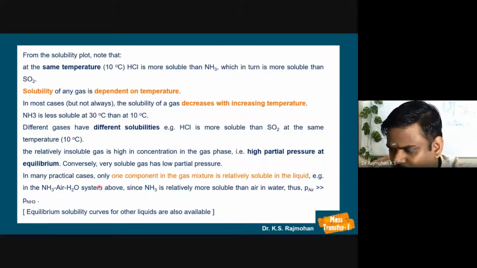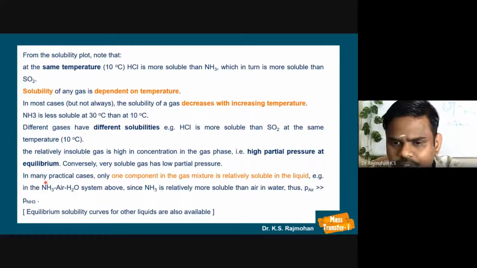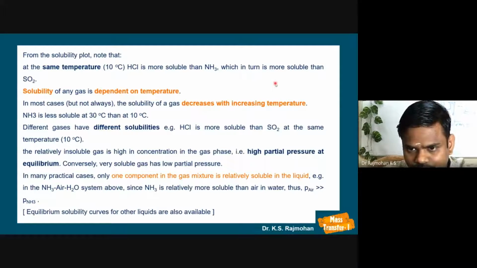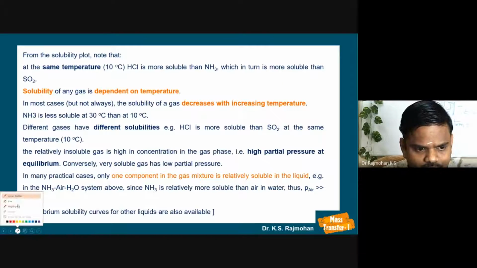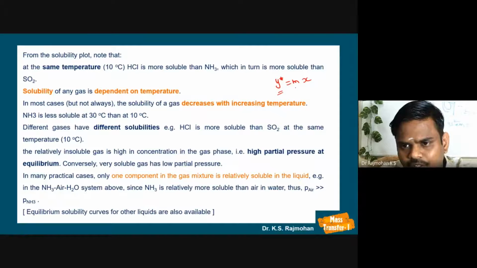In the relationship Y star equals mx, what will be the value? It is the equilibrium relationship.